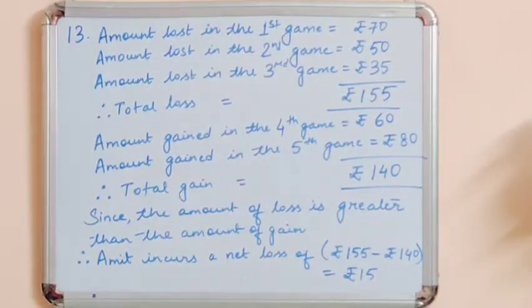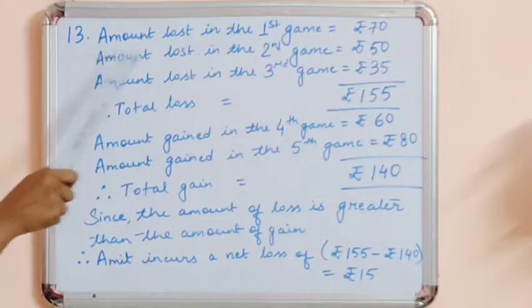Now look at question number 13. While playing cards, Amit lost rupees 70 in the first game, rupees 50 in the second game, and rupees 35 in the third game. He gained rupees 60 in the fourth game and rupees 80 in the fifth game. What was his net loss or gain?